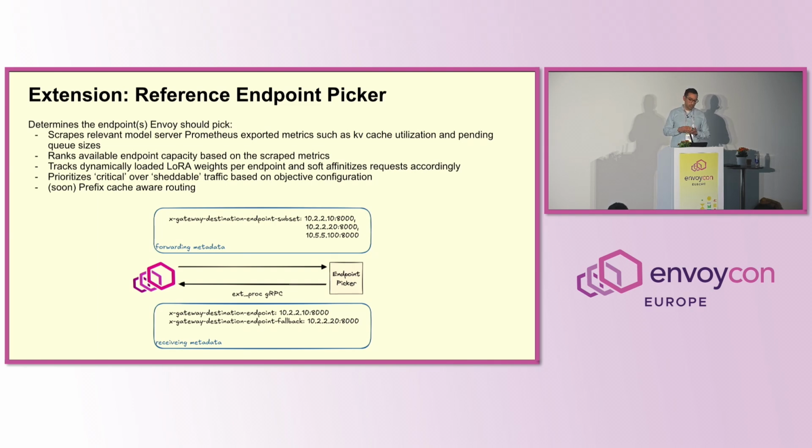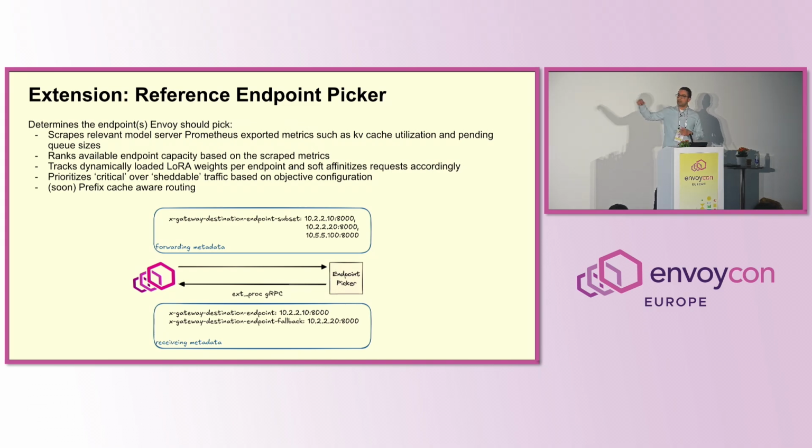It ranks available endpoint capacity based on the scraped metrics. It tracks dynamically loaded LoRA weights per endpoint, so it does LoRA-aware routing and soft affinitizes the requests accordingly. It prioritizes critical over sheddable traffic. This is how it applies these objective-based policies. And then soon you will also be able to do this prefix cache-aware routing that I was talking about.